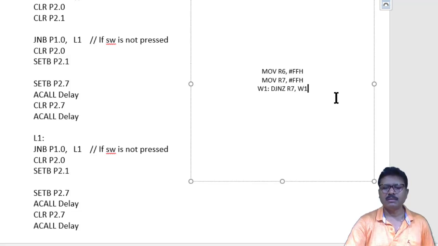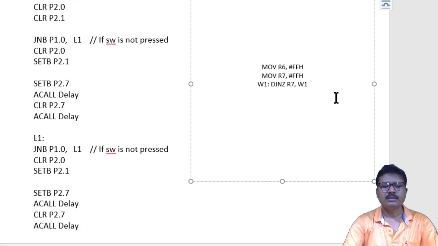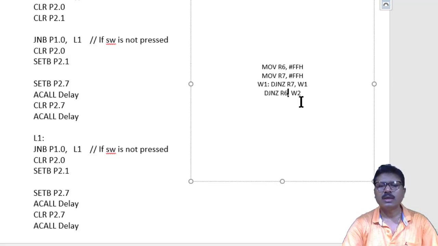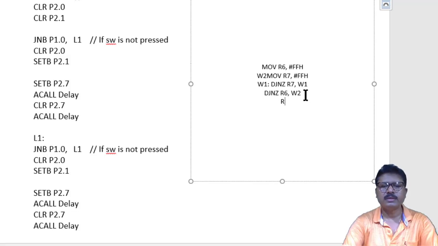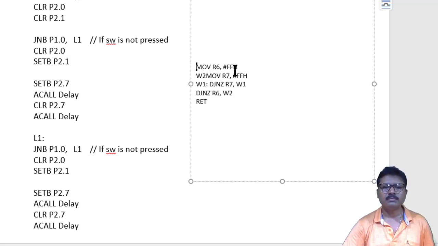Then this loop has to be run again with another DJNZ, DJNZ R6 comma W2. Where will this W2 be? W2 will be here, and this is return. This is the delay program.